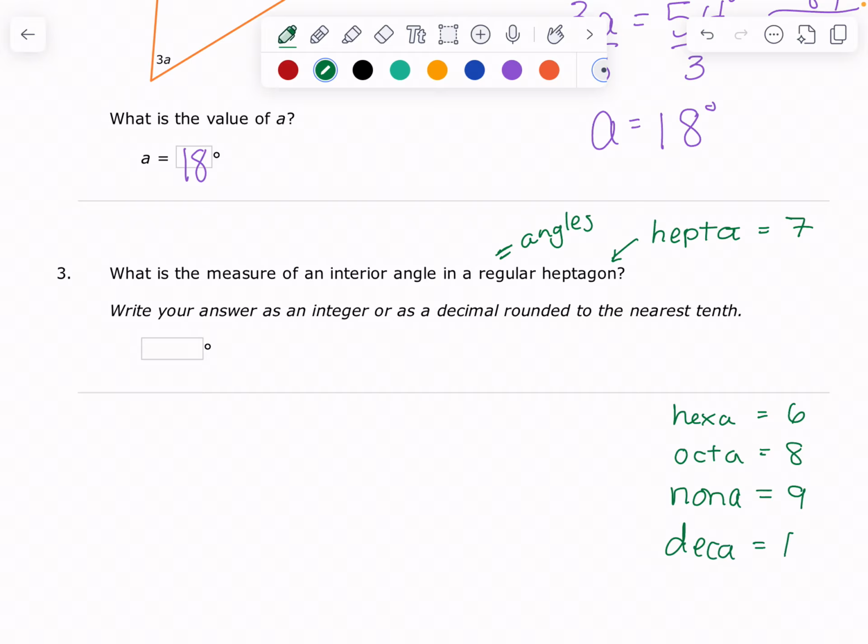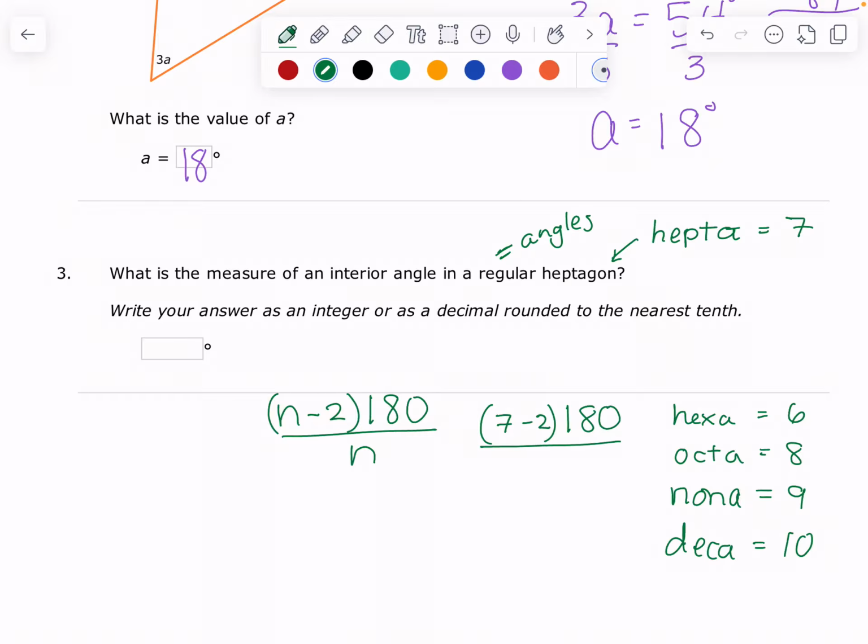Deca was 10. And the formula for this is we're going to do n subtract 2, multiplied by 180, divided by the number of sides. So n is the number of sides. Since hepta is 7, we're going to do 7 subtract 2, multiplied by 180, divided by 7.